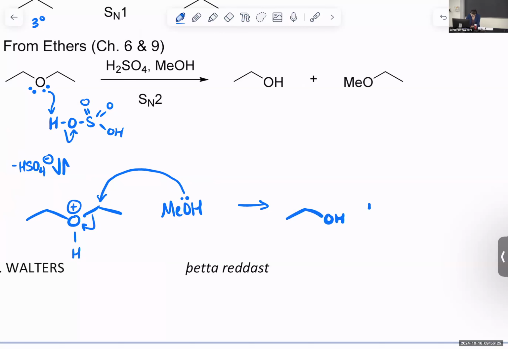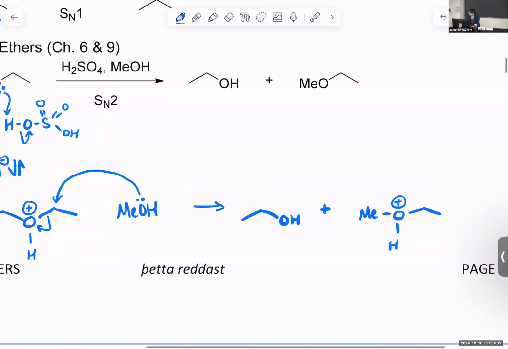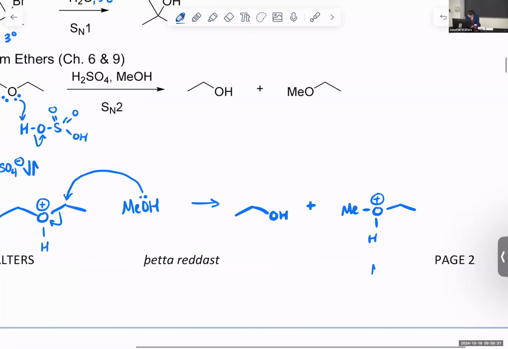So that makes our alcohol plus our new ether. And then to get to our final product, we would just use another methanol because it's our solvent to actually do the deprotonation.